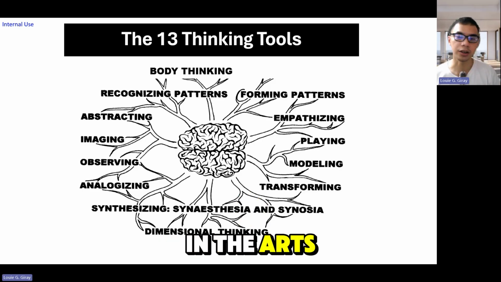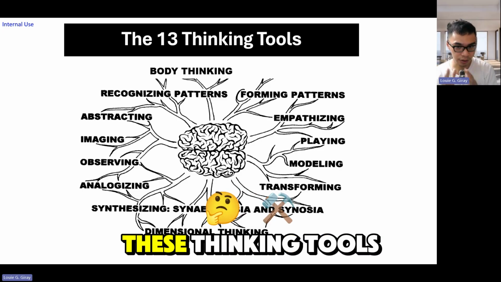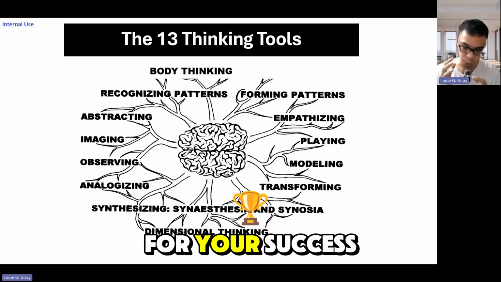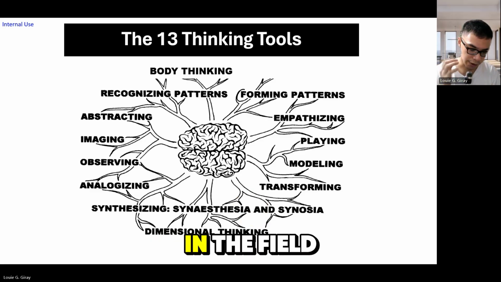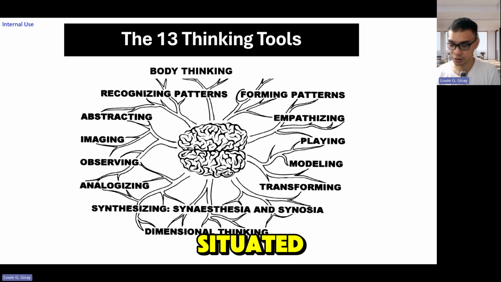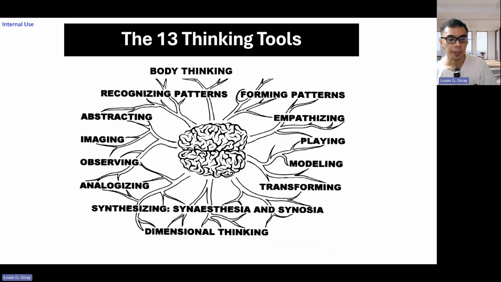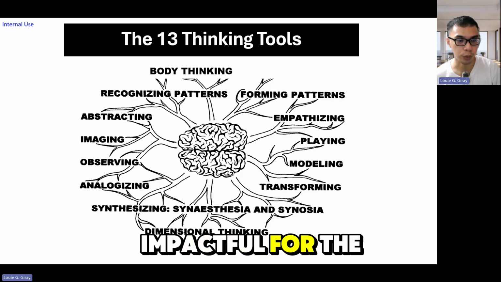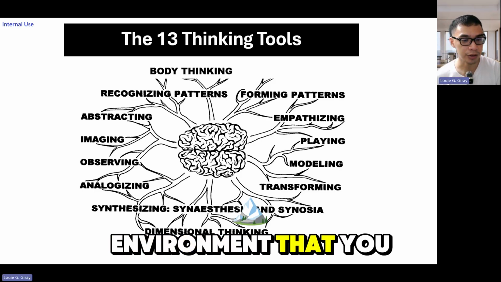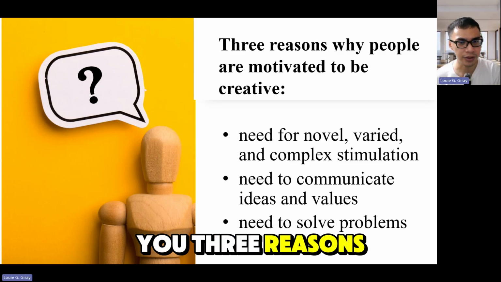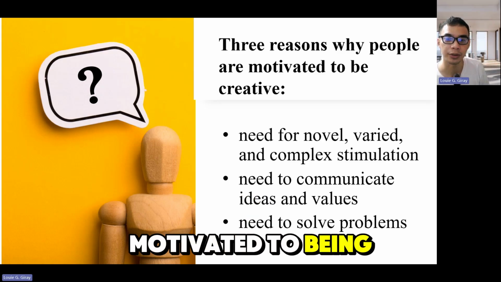So whether you're in the arts or in the sciences, these thinking tools are very important for your success in the field that you are situated, so that you can push the boundaries and make something impactful for the environment that you are situated.